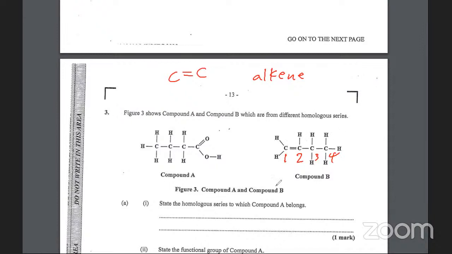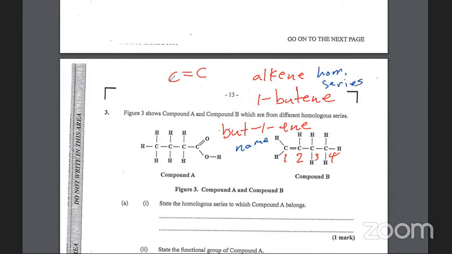If it's between carbon 1 and 2, you could either say but-1-ene. So this is the name of the compound. This is the homologous series. And this is the functional group.